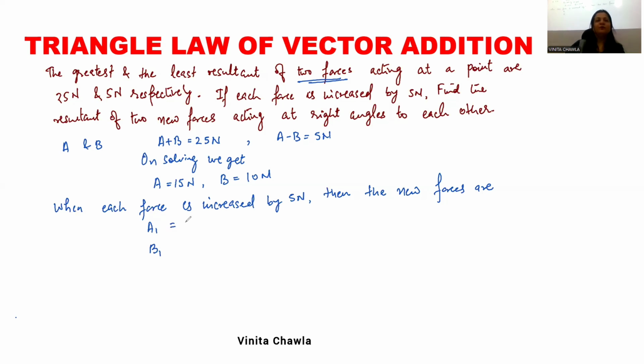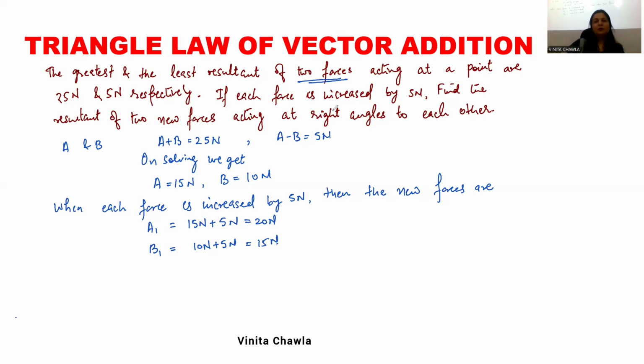A was 15, so A1 is 15 Newton plus 5 Newton, it's 20 Newton. And for B1, it's 10 Newton plus 5 Newton, it's 15 Newton.